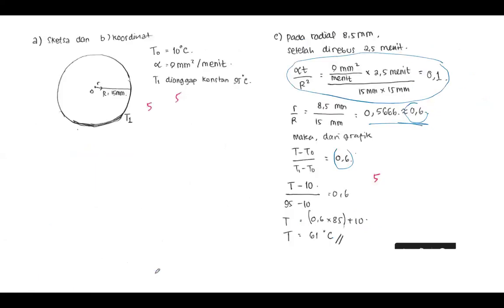In this case, you will get about 61. But if you multiply 0.57 with 85, that's also the same. It would be acceptable. So maybe around 59 to 61 degrees Celsius.